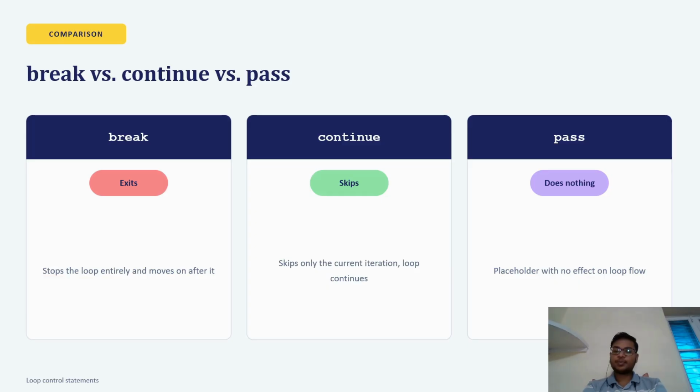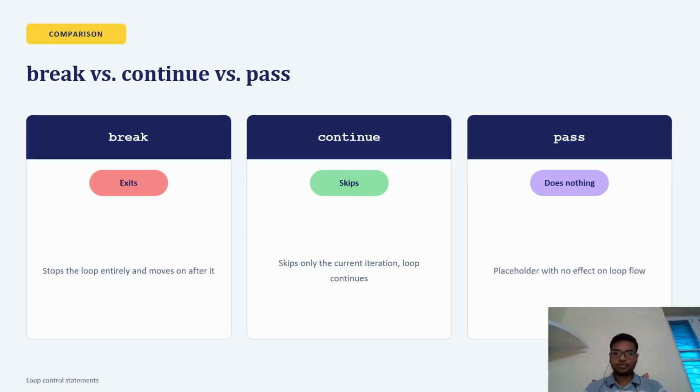The third one is the pass statement. It does nothing. It's a placeholder with no effect on the loop. So this is the difference between break, continue, and pass. Break means exit, continue means skip, and pass does nothing. I hope you clearly understand the difference.